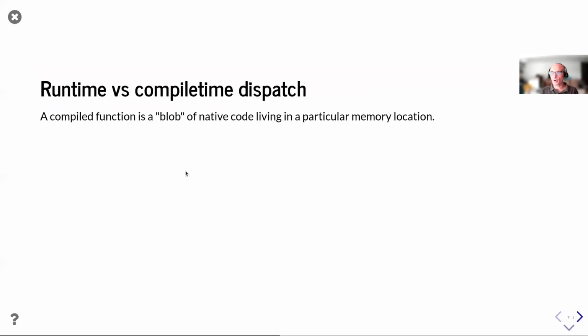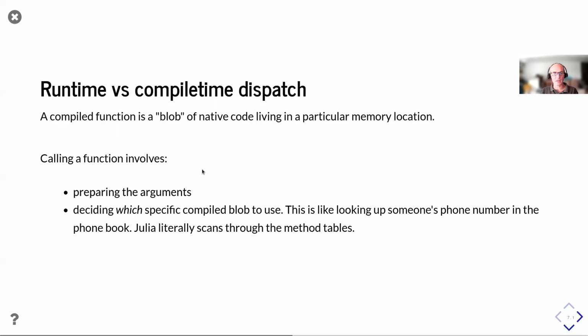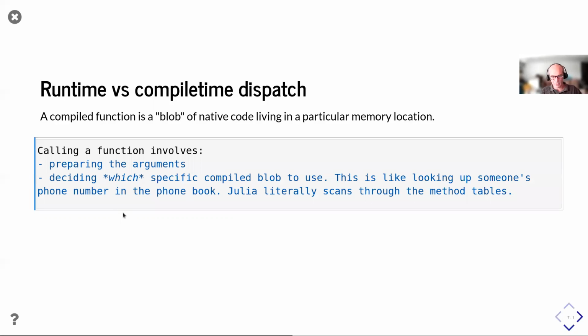And so, a schematic of what runtime and compile time dispatch look like might be like this. If you think of a compiled function as a blob of native code living in a particular memory location, when you're down at the very lowest levels of the machine, calling a function involves getting the arguments ready to be passed in, and then deciding which specific compiled blob to call.